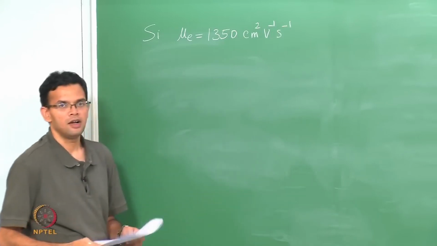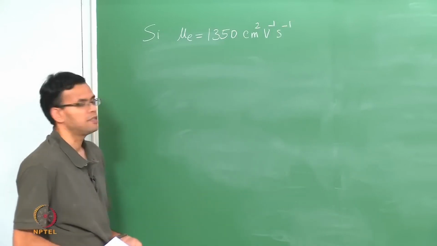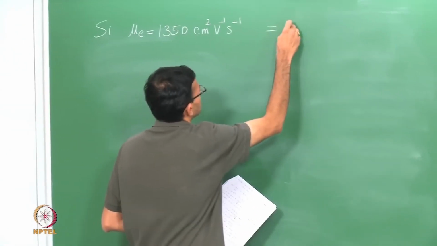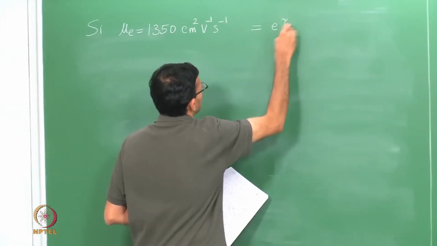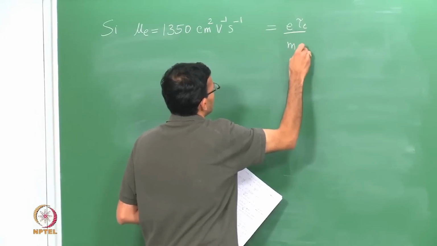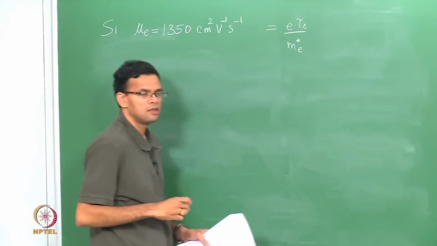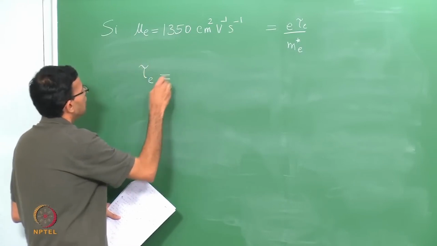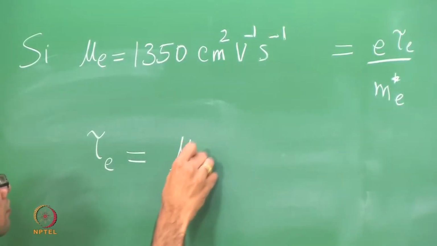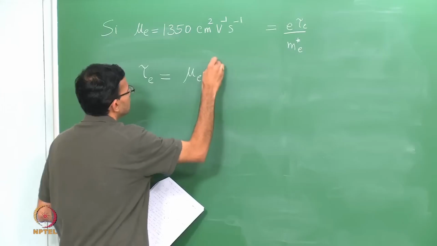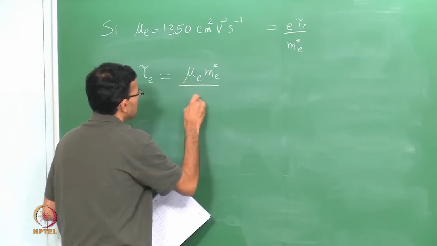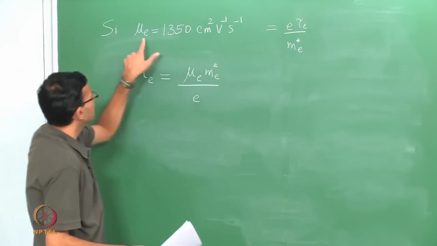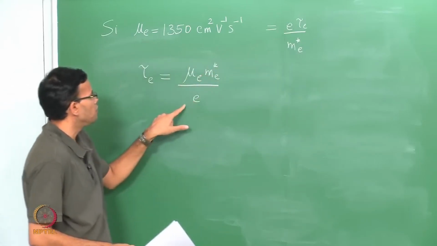We also said earlier that mu is related to the scattering time. The expression was e tau e over me star. Just rearranging the terms gives you tau e. All I did was take this term here and then bring e down.